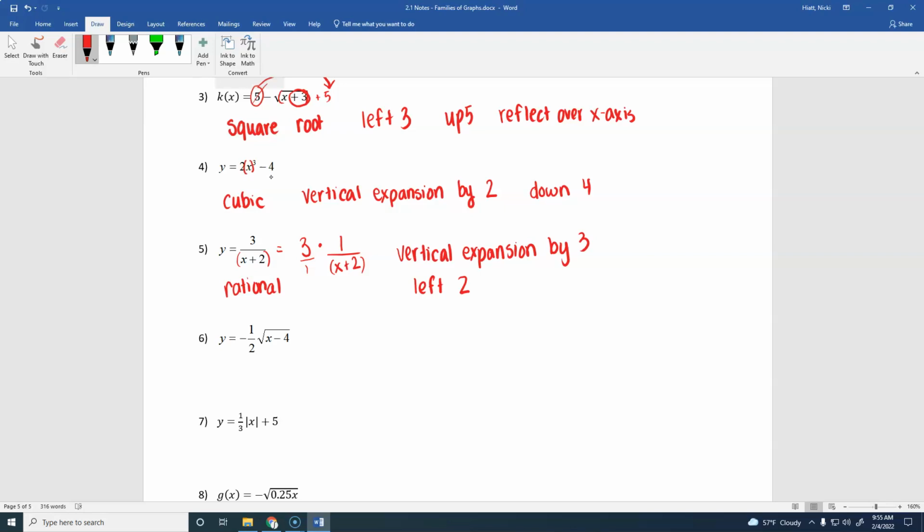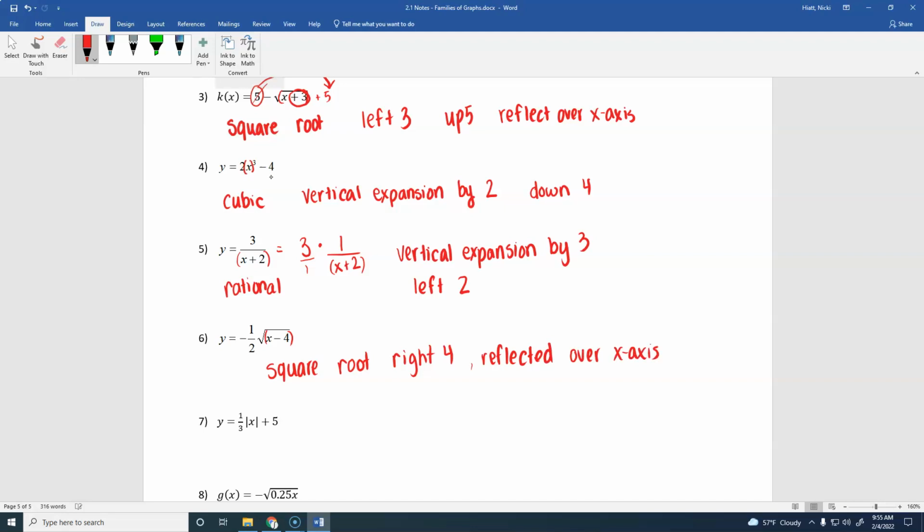Number 6, we would have parentheses right here. And so for this one, let's see, Connor, so we got square root. What's going to happen to it? Right, 4. It is reflected over the x-axis.